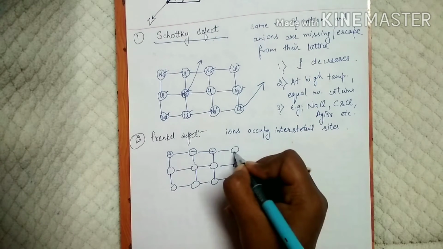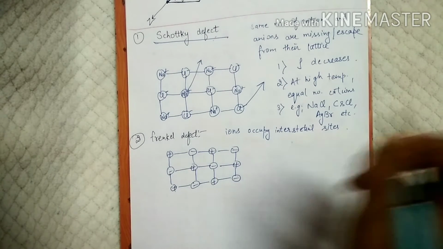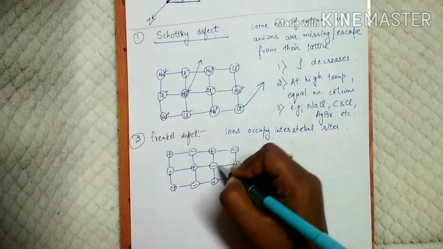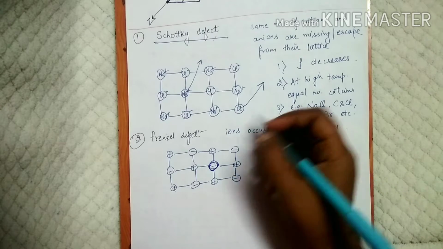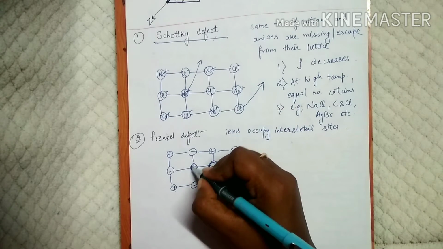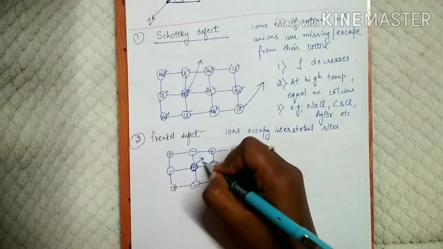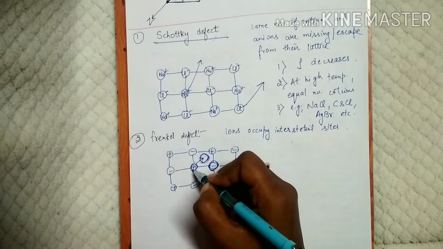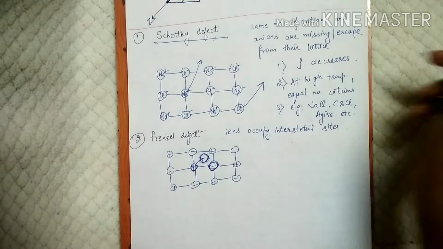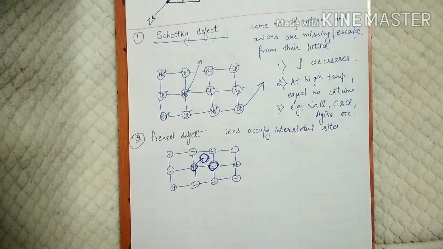Here any cation and anion are present. One of the cations or anions is going to be inside the interstitial site. Suppose this is your cation, and due to some reason it goes inside this interstitial site here. It is now missing from its original position and goes inside this interstitial site. So if any of the ions is occupying the interstitial site, then that kind of defect is known as Frenkel defect.